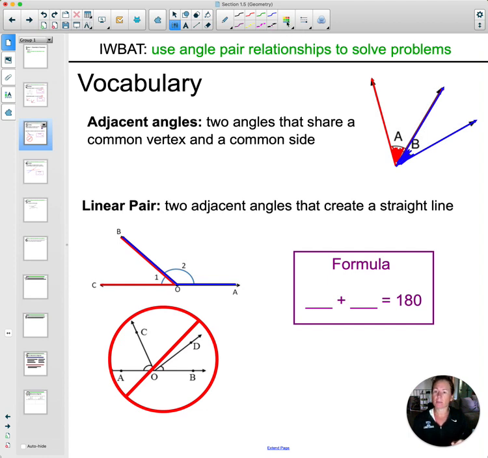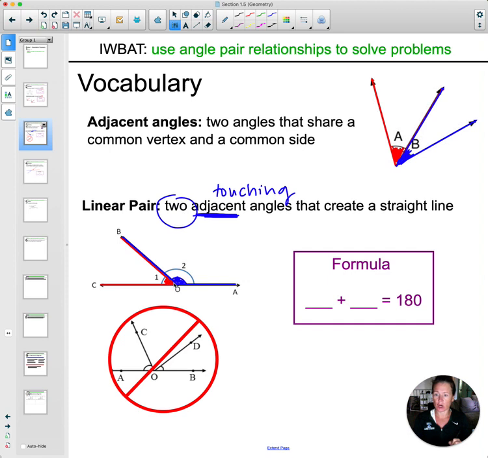Then a linear pair has to be adjacent angles. So for a linear pair, they have to be touching. So 2 angles that are touching each other, connected here at the vertex, and together they create a straight line. So if I took this whole angle 2, here's all of angle 2, it fills up all of this space. And then angle 1 fills up all of this space.